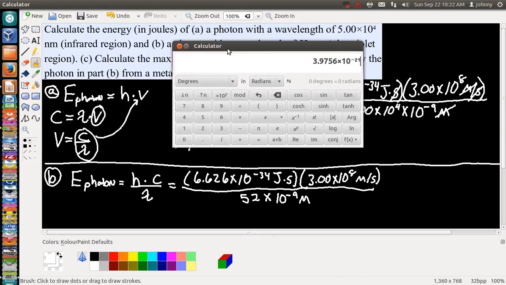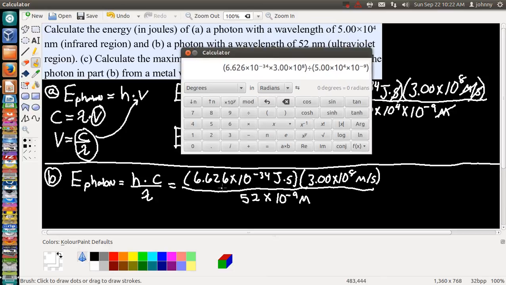So let's punch this one into the calculator. 6.626 times 10 to the -34 times the speed of light, 3.00 times 10 to the 8th, but we have just 52. Notice that I was lazy. I just told my calculator to go back and I just changed it.